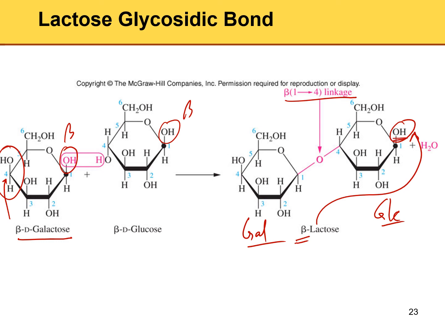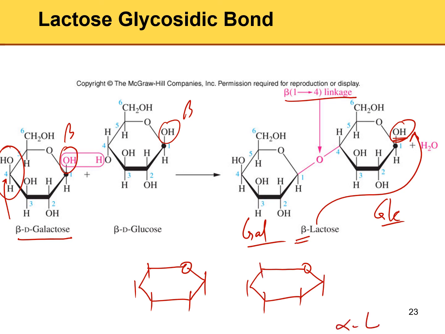If I say please draw the alpha form, then you should be able to draw the alpha form. So let's draw alpha lactose. I'm going to draw two molecules. First, I know I need to have alpha. So if I say alpha lactose, I must draw alpha glucose here. OH down.